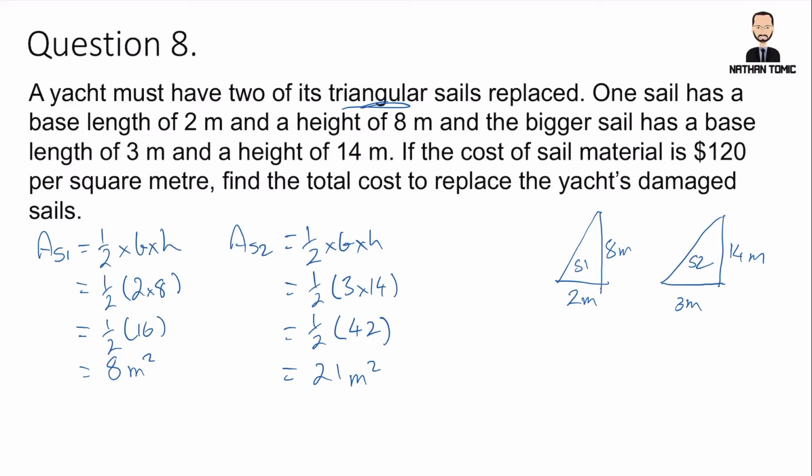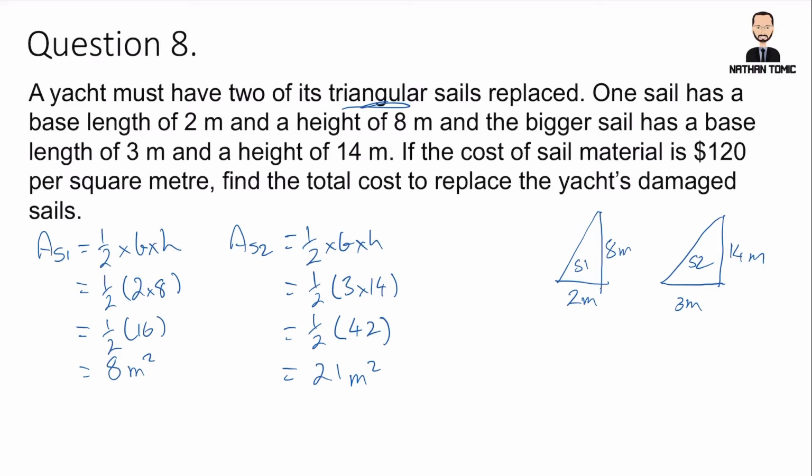So we now know the area of both sails. But we're going to want to know the cost to replace both sails. So to work out the cost for both, let's just add them together. Let's find out the total area for these two sails.